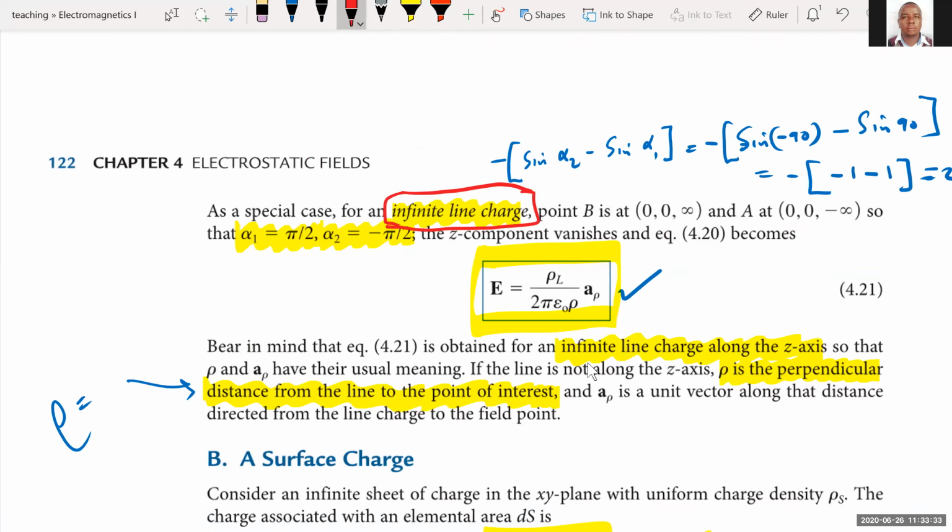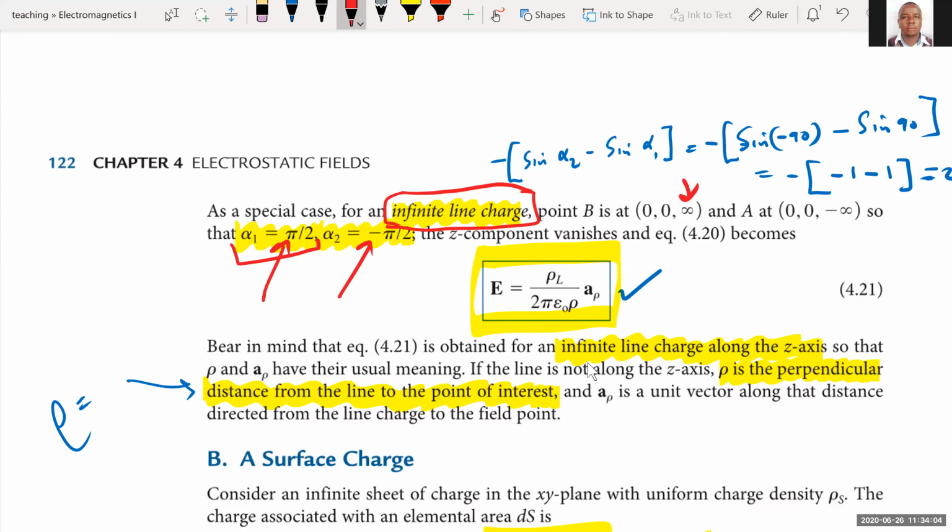And if it is an infinite line, A is at positive infinity and B is at negative infinity, or vice versa. Therefore, our alphas will change from being less than 90 degrees or thereabout to alpha 1 approaching 90 degrees, or pi over 2, and alpha 2 approaching negative pi over 2.